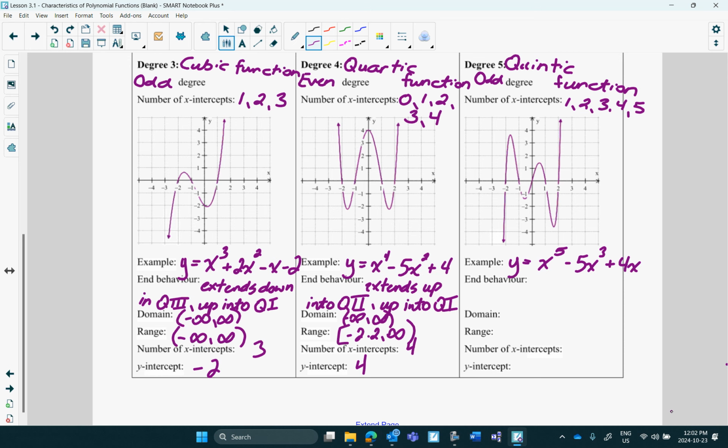Down on the left into quadrant 3, up on the right into quadrant 1.